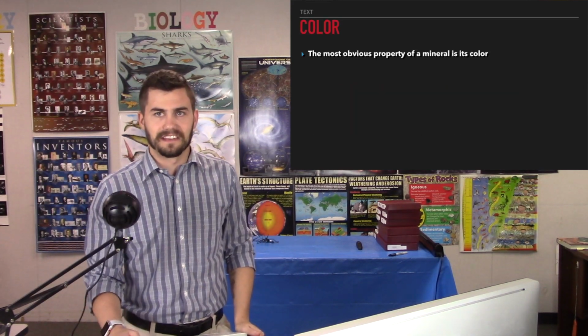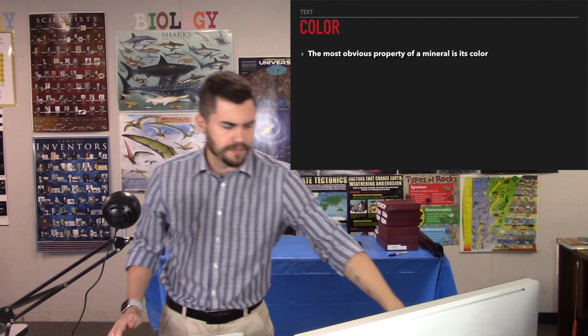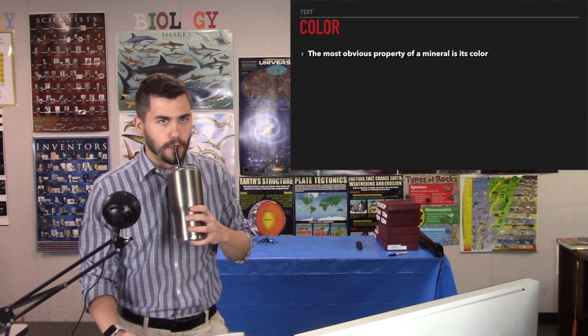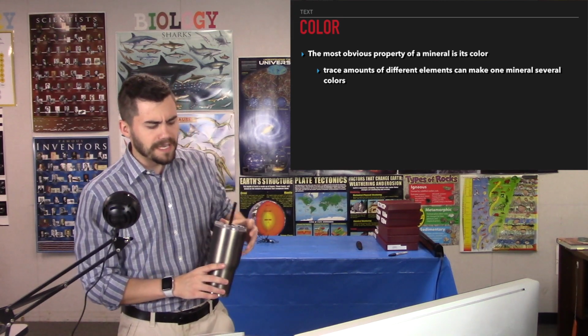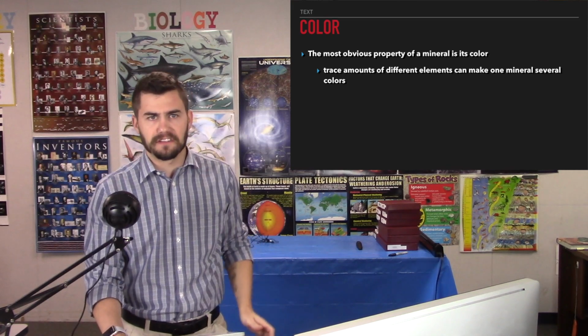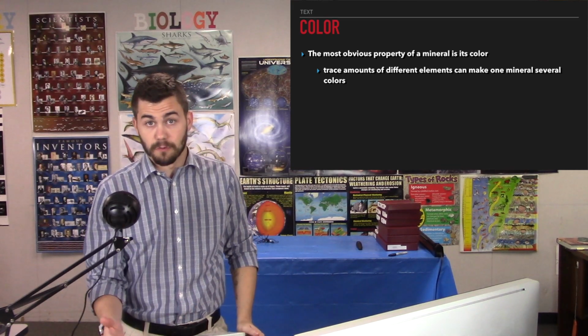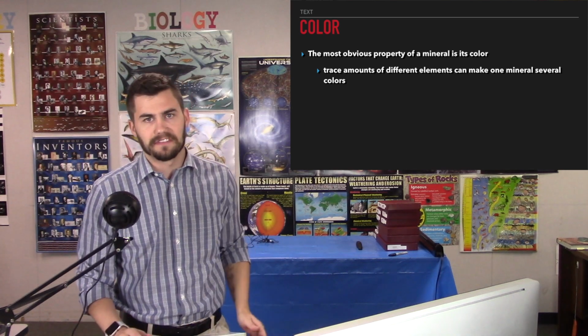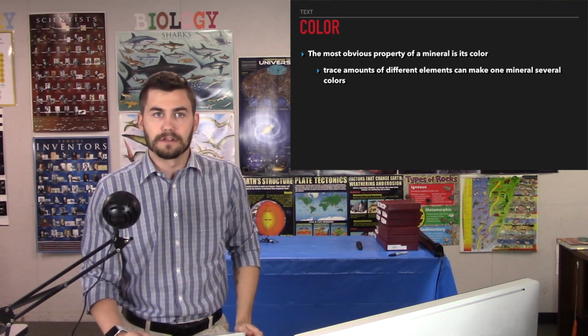First thing we can look at is the color. Color is like the most visibly obvious property of a mineral, but it's not a very useful property. Because, first of all, one mineral, such as quartz, can be many different colors because of just tiny amounts of impurities that are included in it.